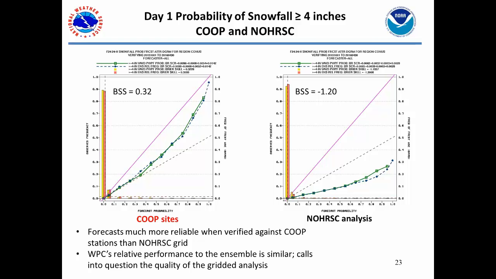And one point to make is that the version of the NOHRSC analysis that was operational last season only assimilated point-based observations and did not include a background first guess field. So that approach resulted in a rather poor analysis in areas with sparse data coverage, such as the West. So as I said, there is a new version of the NOHRSC analysis in the works, which will be available in 2017.